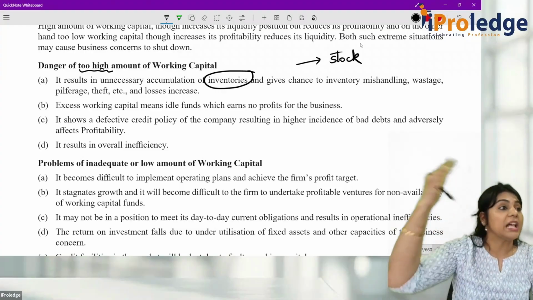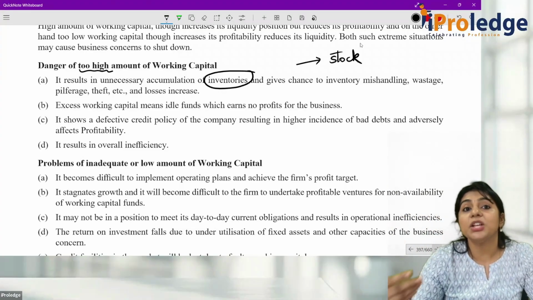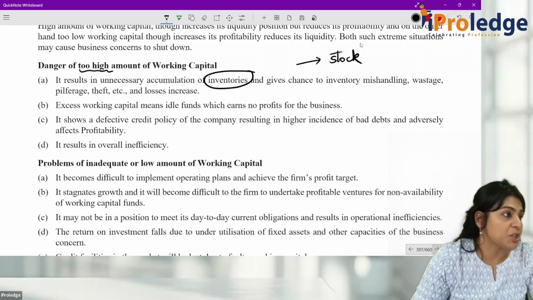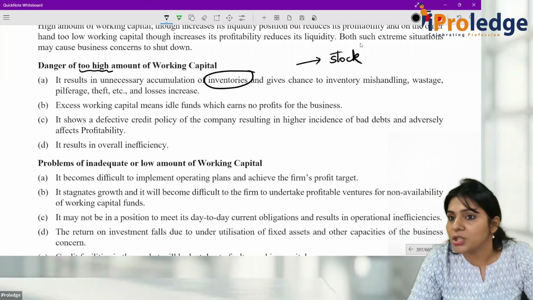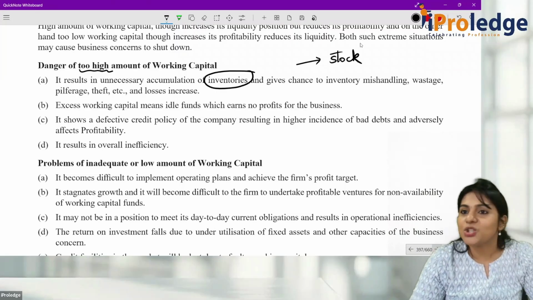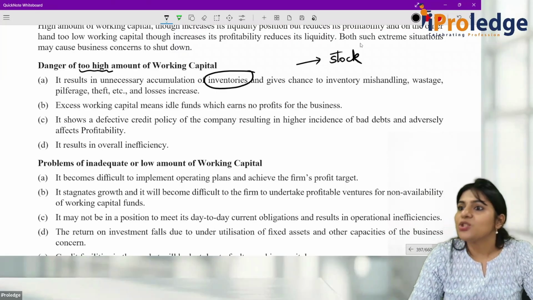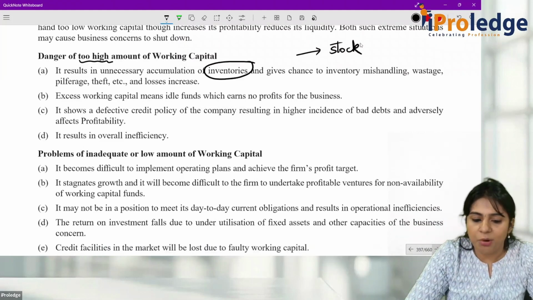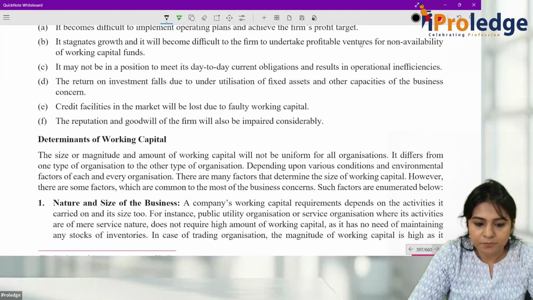We are talking about a big company and how well they should plan their working capital management. That becomes equally important. So it's not a very small job, it's a huge task on the shoulders of a financial manager. These small things are very important, which you need to understand.